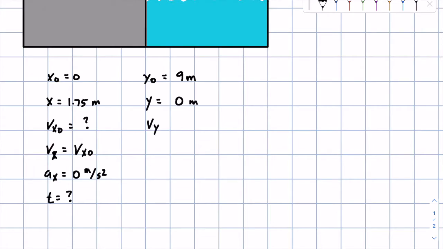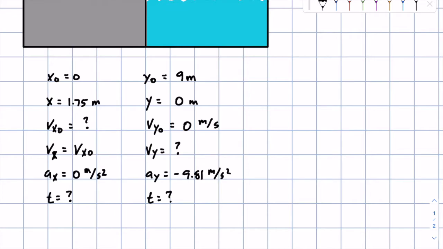The initial velocity in the y is 0. This person is running perfectly horizontal, and he's not going to be jumping upwards. And the final velocity in the y direction, we don't know. Acceleration due to gravity is always negative 9.81 meters per second squared. Time it takes to get there, we don't know.